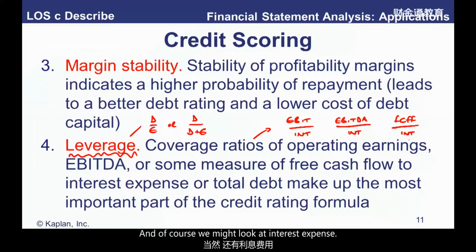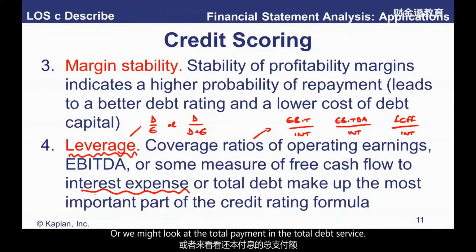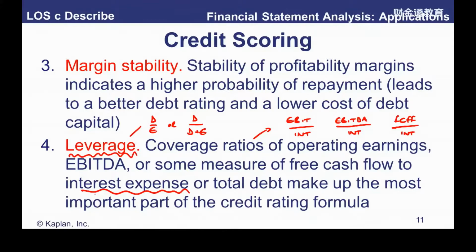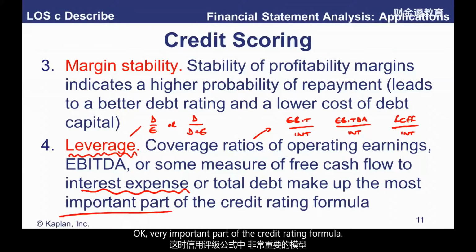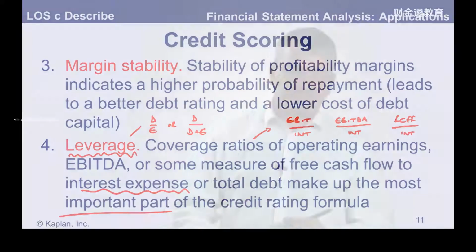And of course we might look at interest expense, that's what I've put on the bottom, or we might look at the total payment in the year, total debt service. So rather than just interest expense in the denominator, we'd look at interest expense plus any principal payments. Okay, very important part of the credit rating formula.